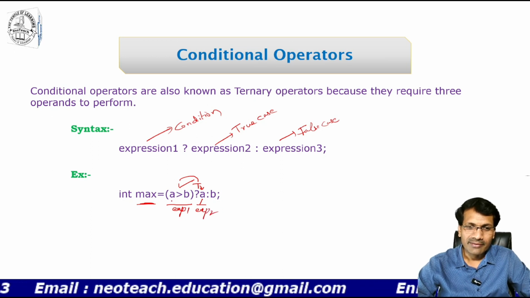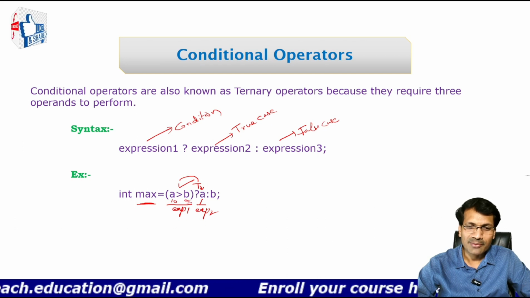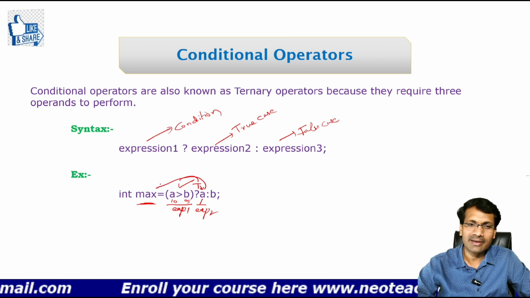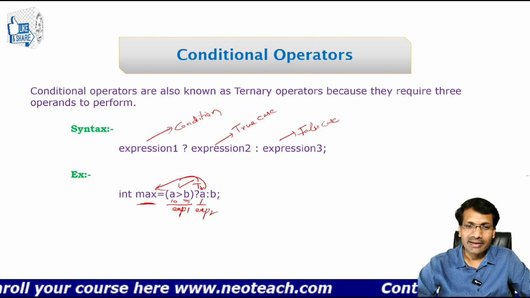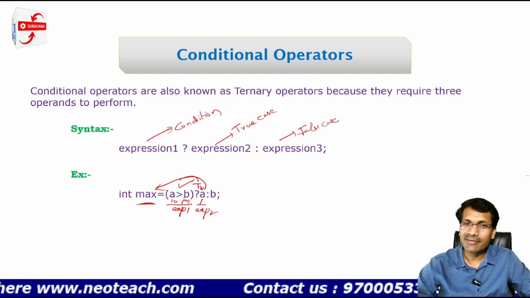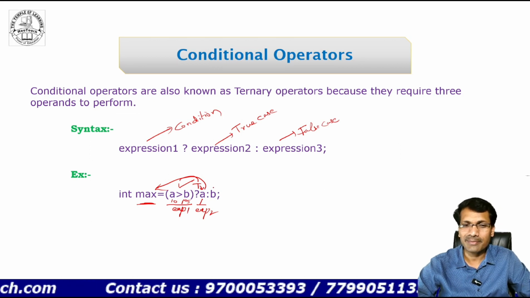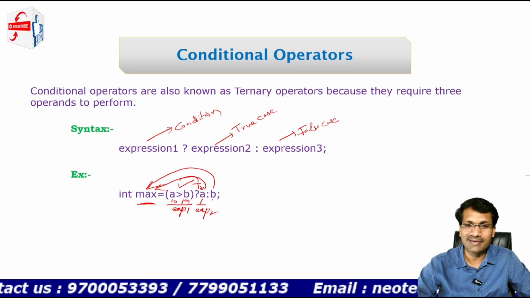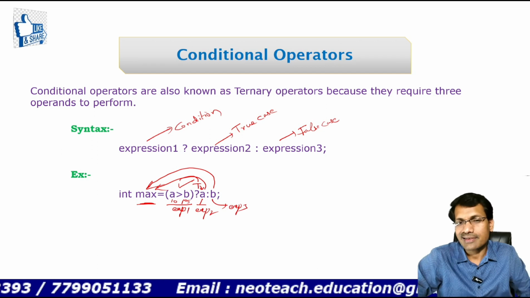If you give a value 10 and b value 5, in that case 10 is more than 5, so a will be selected as the maximum and we print the maximum value. If you give 10 and 15, the condition becomes false, since 10 is not more than 15. In that case b is going to execute, the false occasion, expression 3 is going to execute.